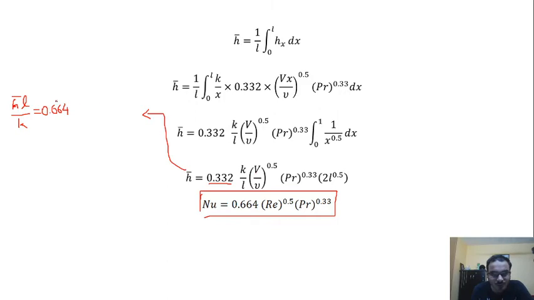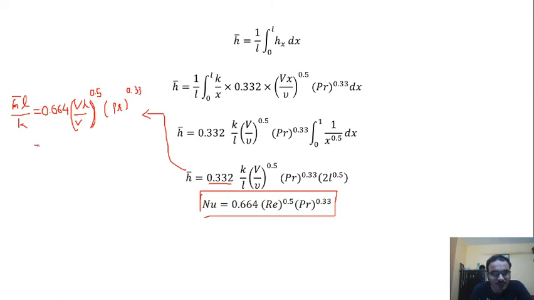V upon nu into L raised to 0.5 into Pr raised to 0.33.